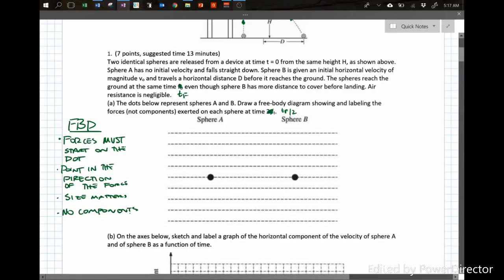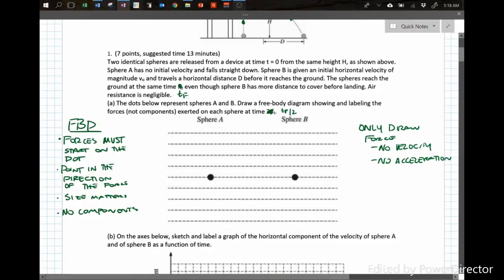Another thing about free body diagrams is that we only draw forces. That means no velocity. That means no acceleration. The only thing that we should be drawing on this is forces.